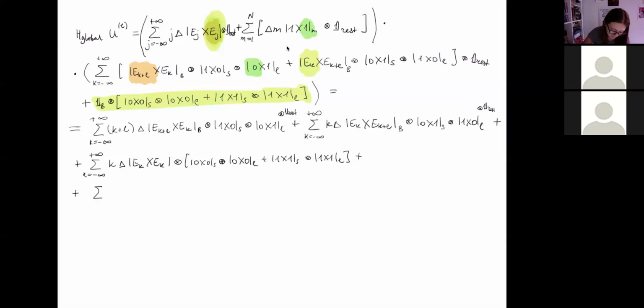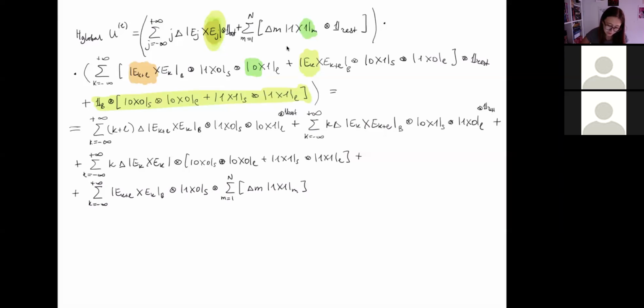So essentially what we get is, we keep the sum. So we still have the summation. One zero s. And here we would have the sum over m from 1 to n, delta m, 1, 1 m.